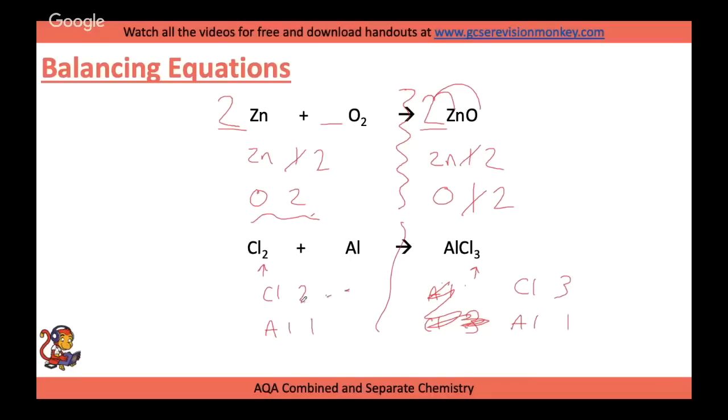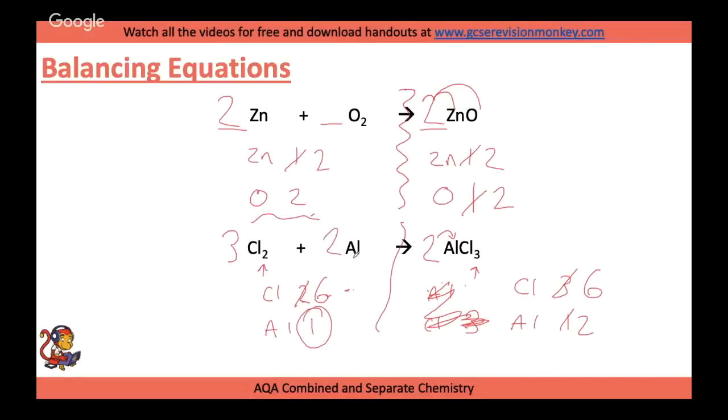So if we try and make it multiples of 6, if we put a 3 there to make 6 and a 2 there, that will make 2 aluminiums and 6 chlorides, or in that equation it's a chloride, so 6 of those. And then we double check and we still need to balance out the aluminiums.